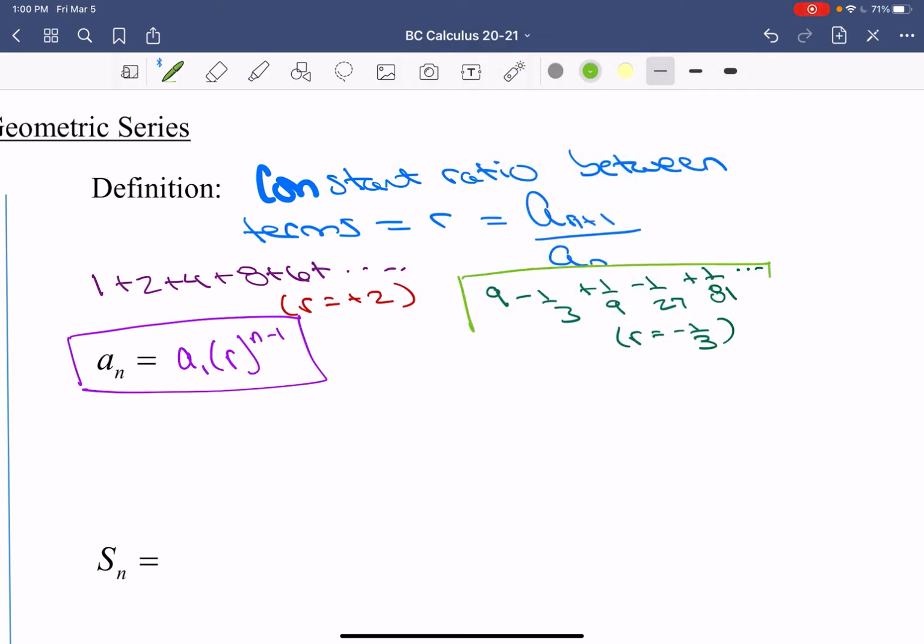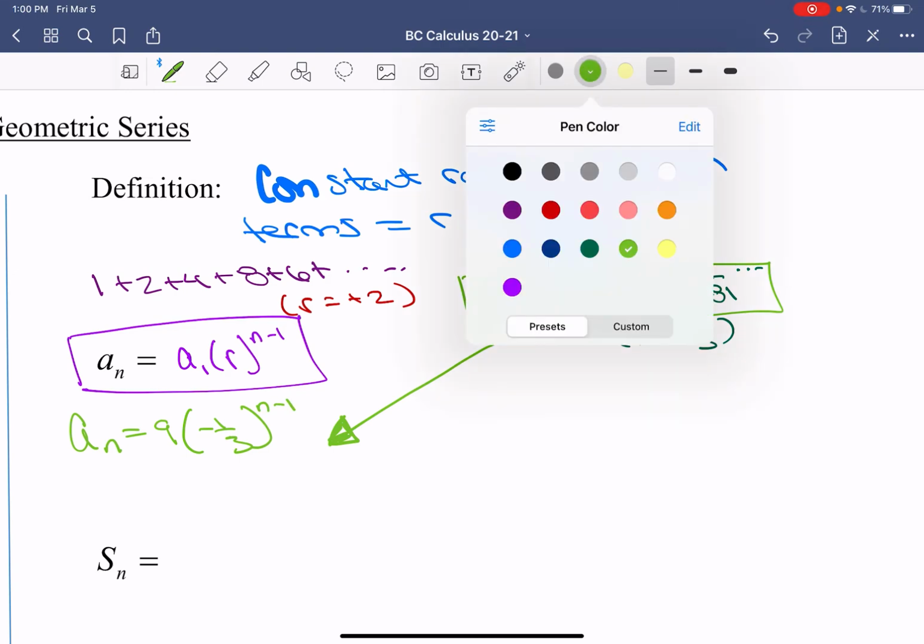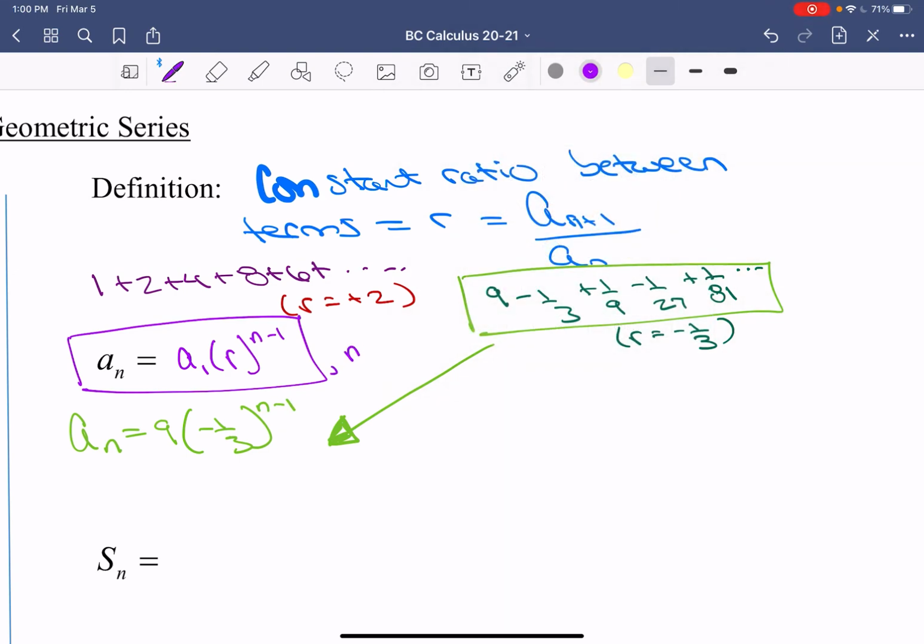Okay, I could take this over here. I'm going to say, okay, this is defined by a sub n equals a sub 1, which means the first term, 9, times negative 1/3 to the n minus 1. And then I just did it again like I did before. Here again, the domain is n is bigger than or equal to 1.